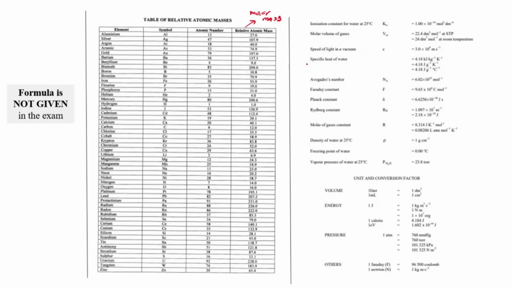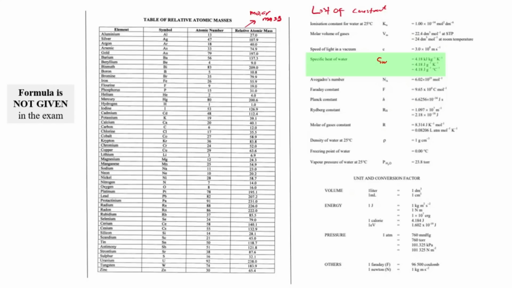Also, you're given a list of constants to help you solve problems related to physical chemistry. I will highlight some of the important constants that you'll use quite often. One is the specific heat of water, with the symbol small letter c with subscript w.